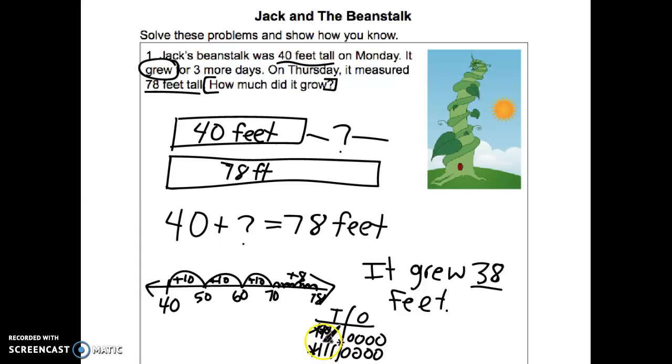So now what's left over? 10, 20, 30, 31, 32, 33, 34, 35, 36, 37, 38. So we've shown that we can find this unknown using addition or subtraction. And both strategies were able to find that the beanstalk grew 38 feet.